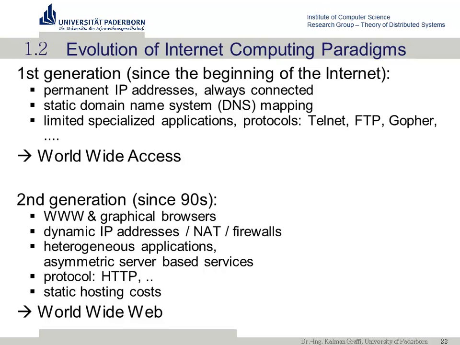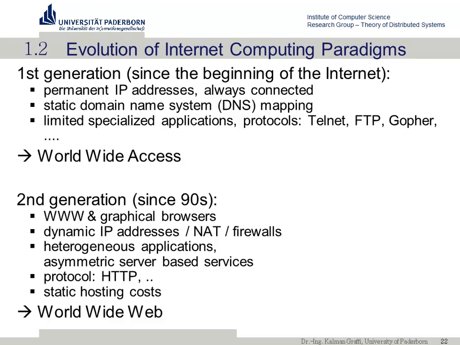It was said that the first generation of computing paradigms was the worldwide access with the outcome of the internet, when we had ARPANET and all that. There we had permanent IP addresses, the people knew each other, it was a scientific community, static domain name systems, so they were very limited devices, and specialized applications, simple protocols, but it was able to communicate worldwide.